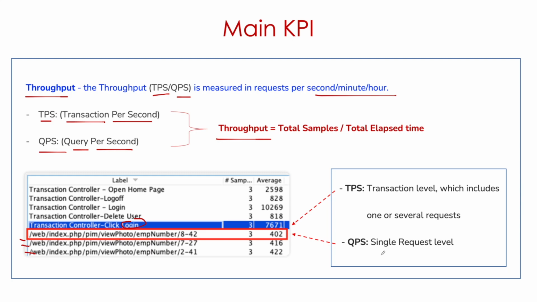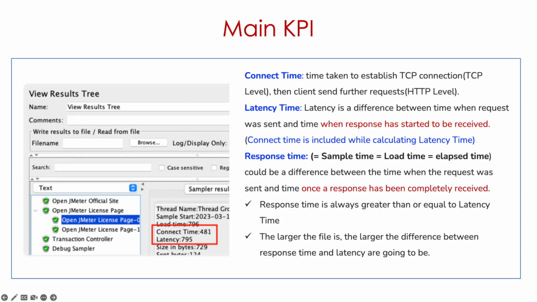So we look at the throughput from the single request level. And the transaction, we can call it the TPS. That's from the transaction level because the transaction includes different requests. So that's more like the business logic level. Usually we use TPS.